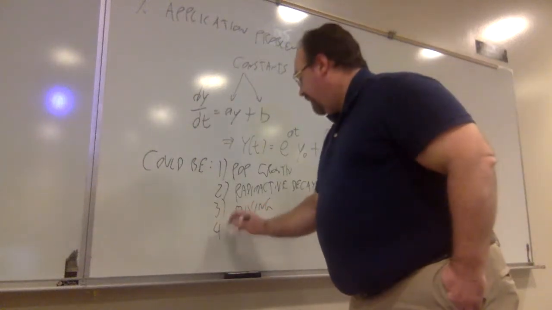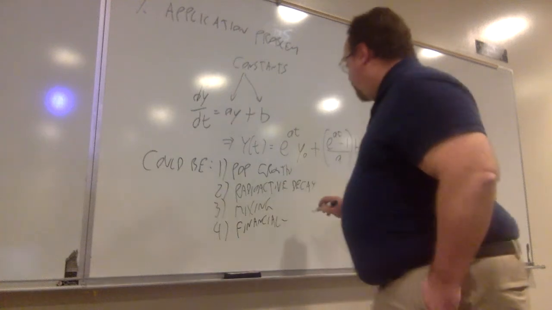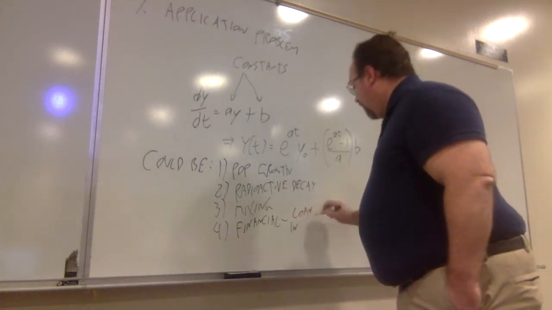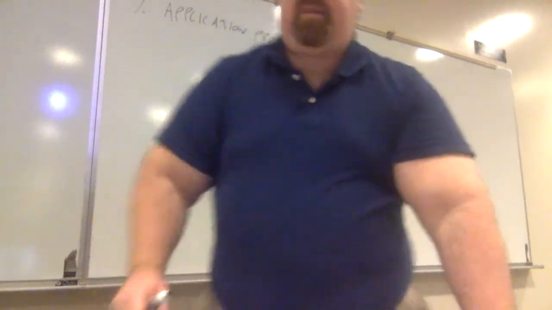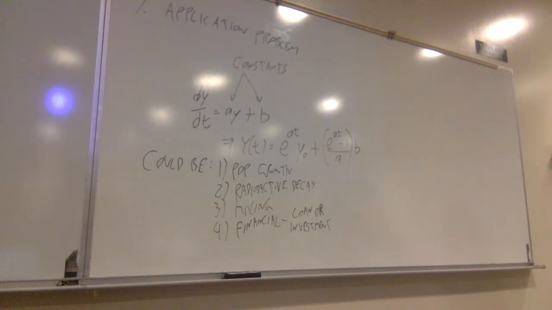And the 4th possibility is something financial, for example, a loan or investment. Okay, all right, so that's the 4th kind.